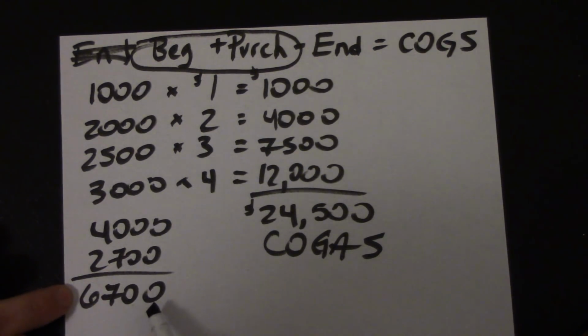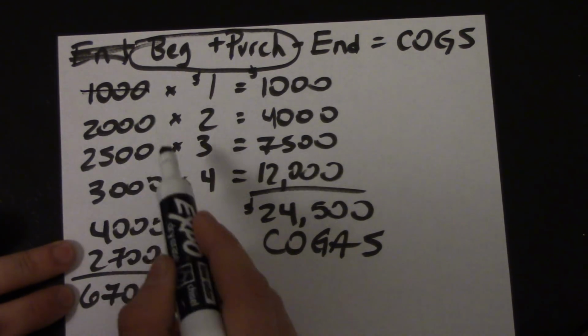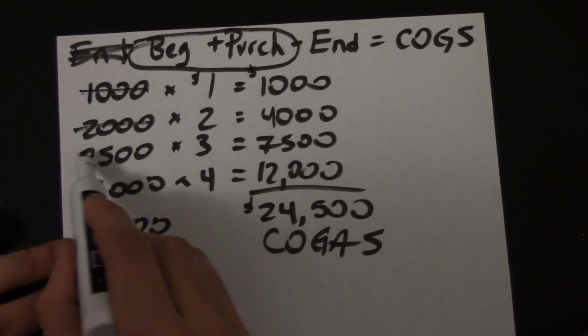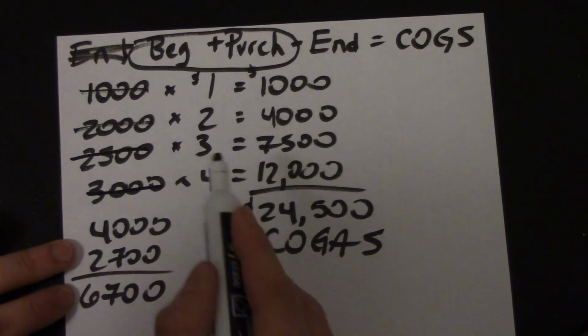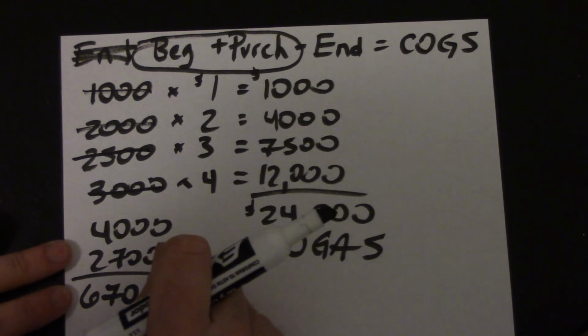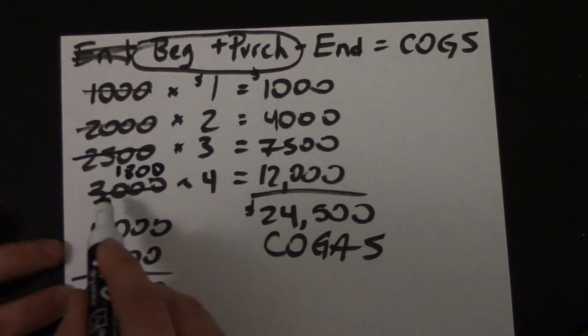So I'm going to sell 6,700 units. This first 1,000 I'm going to sell. The next 2,000 I'm going to sell. I'm going to keep selling until I sell all 6,700. So I'm going to be left with 1,800 units in this last category.